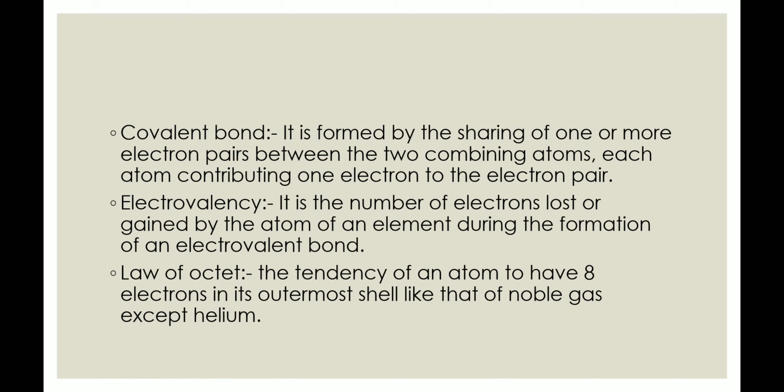Now what is covalent bond? Covalent bond is formed by the sharing of one or more electron pairs between the two combining atoms, each atom contributing one electron to the electron pair. So usually covalent bond takes place between non-metals, that is, between a non-metal and a non-metal to form a compound.